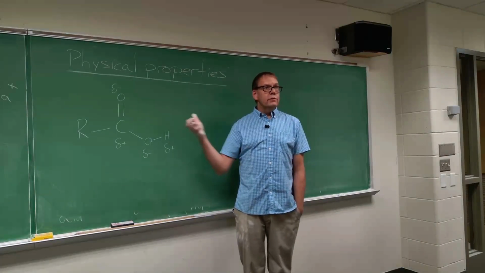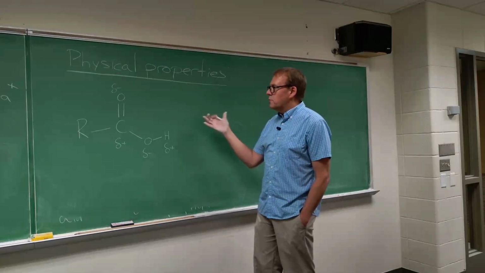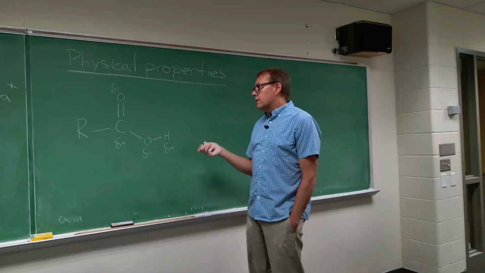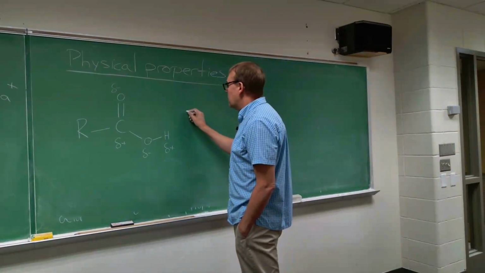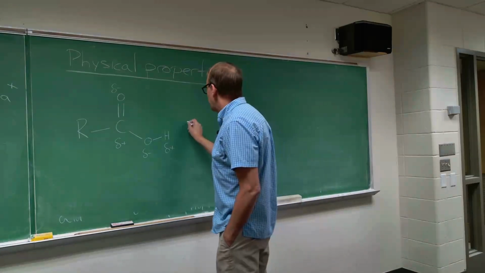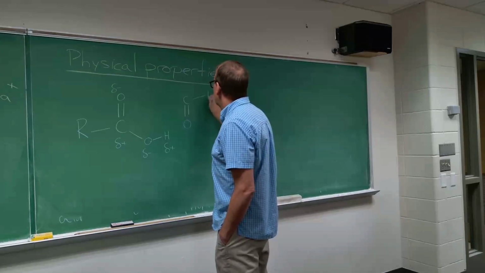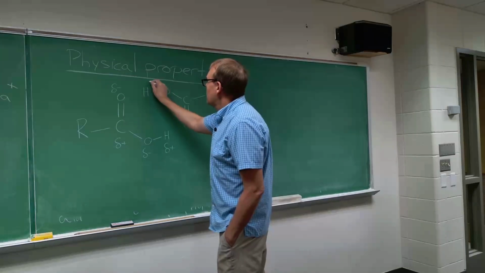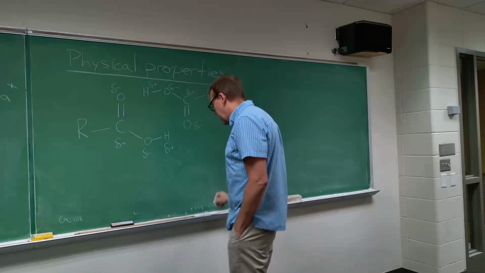If you put two carboxylic acids next to each other, they'll try to align themselves so that these complementary charges associate. In other words, the partial positive of one is going to want to line up with the partial negative of another. That's just electrostatics, the molecules wanting to be close to each other. The diagram I'm going to show of this looks like this. You've got a partial positive here, partial negative there, partial positive here, partial negative here.